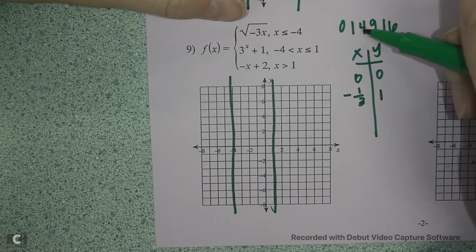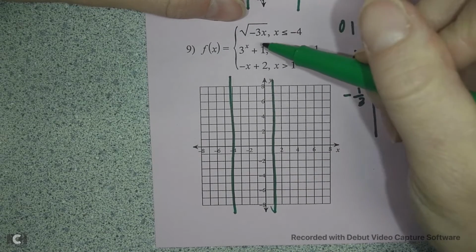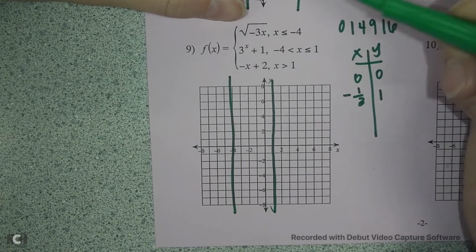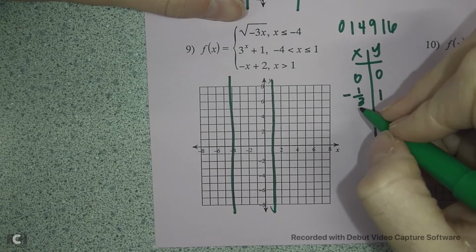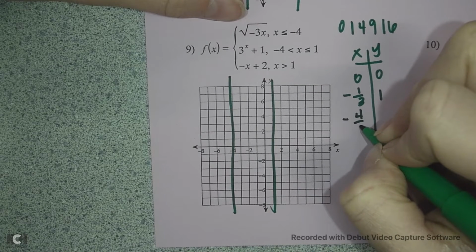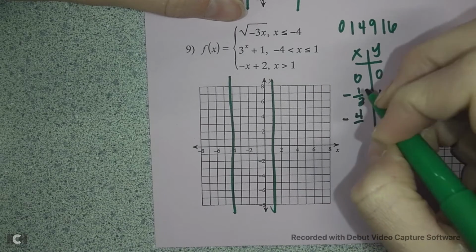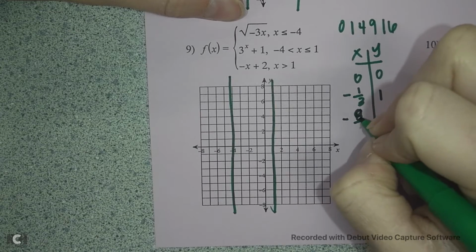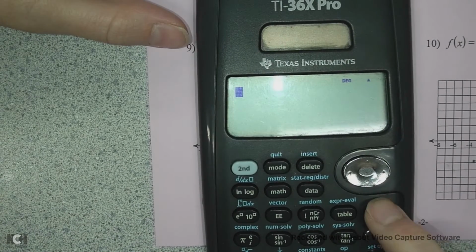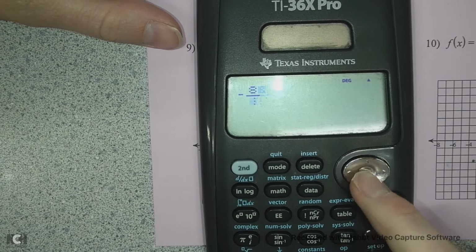What times -3 will be 4? Well, again, you can do the same thing and put it on the top. So you could do -4 thirds. No, it would have to be -8 thirds. Let's see if that works. -8 thirds.